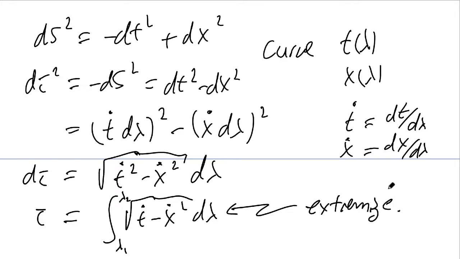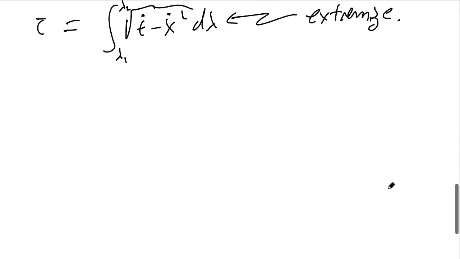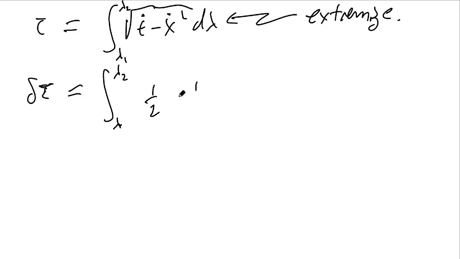And the procedure should be familiar from Lagrangian mechanics. We vary this quantity and set the variation equal to 0. So first varying it, we have the integral from lambda 1 to lambda 2 of 1/2 times 1 over the square root of t dot squared minus x dot squared.